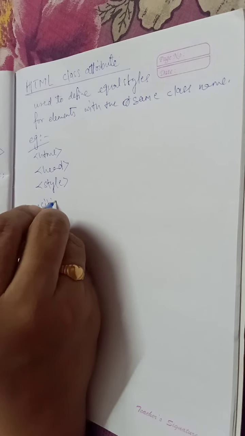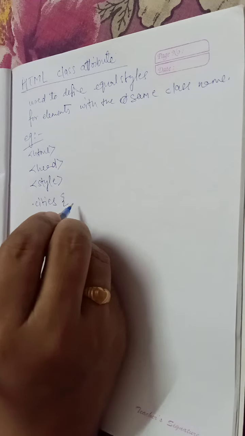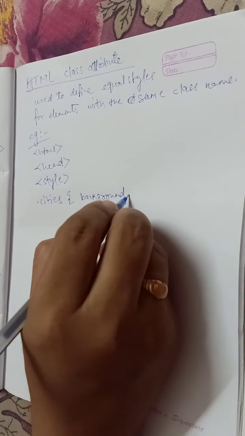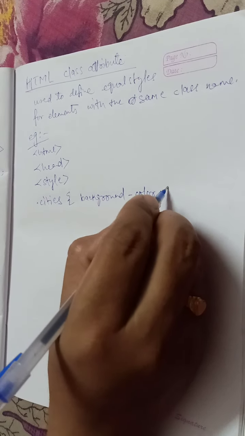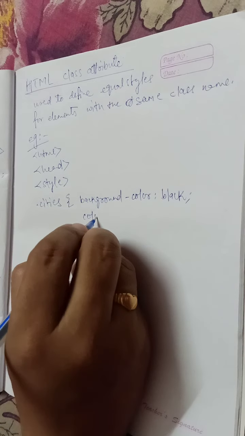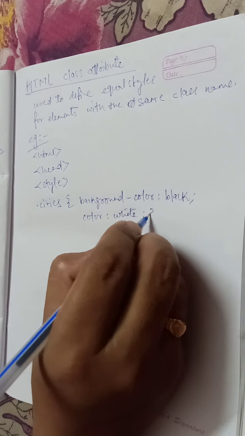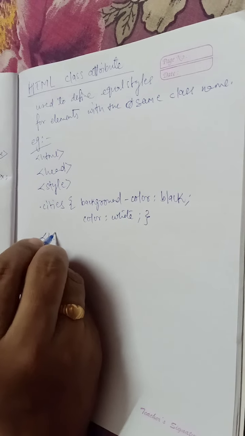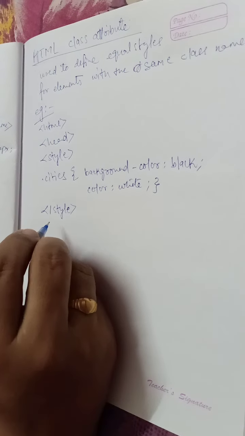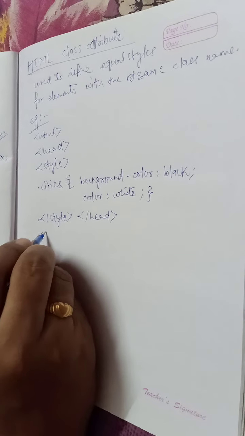Here my class is cities. Now I want to mention the style. Suppose I want to mention the background color as black and the text color as white. Then I am finishing the style tag. And then also I am ending the head tag.